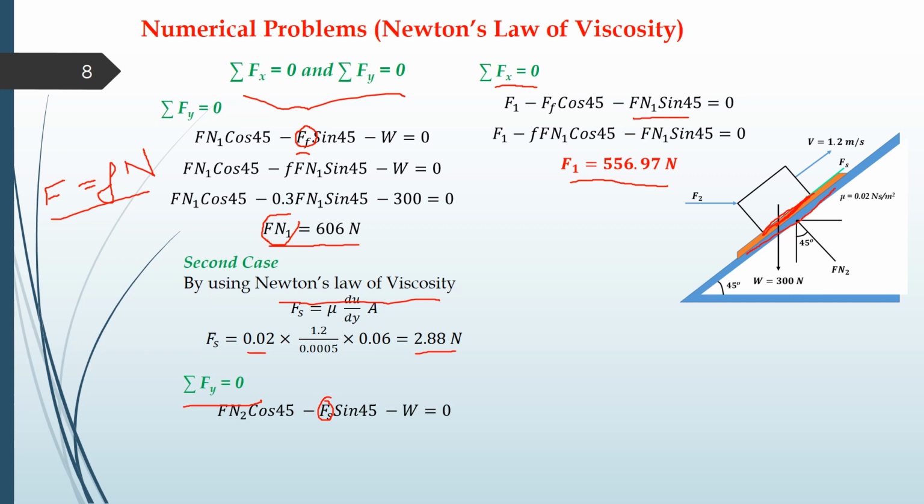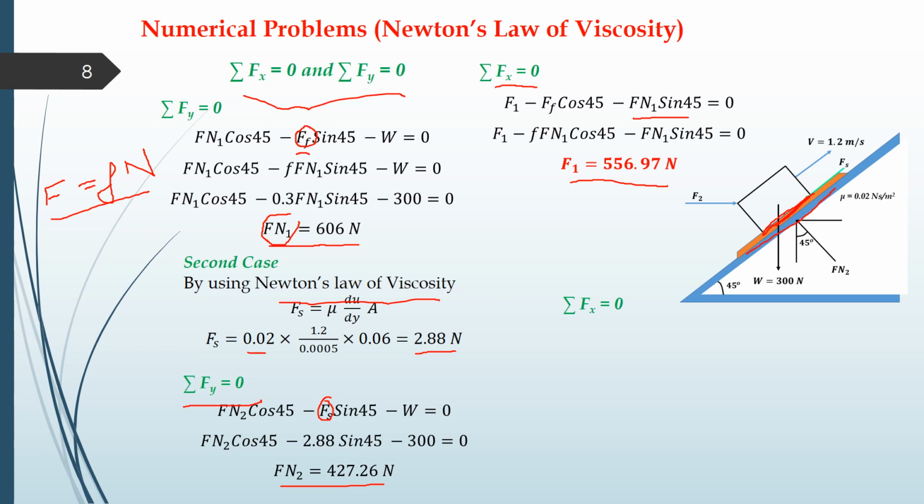For the second case we use the subscript 2. We put the value of Fs in this equation and find Fn2, the normal reaction, which will be 427.26 after summing these values.